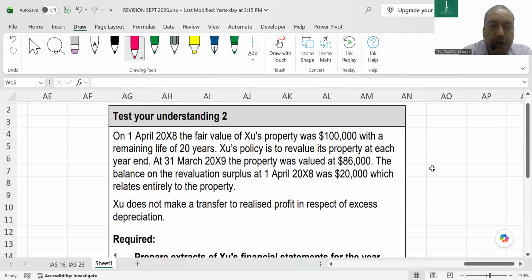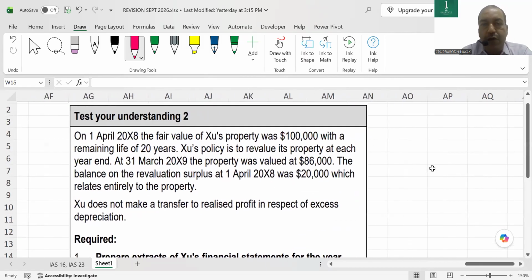Let us take test your understanding 2, which is from Kaplan. On 1st April 20x8, the fair value of Zoos property was $100,000 with a remaining life of 20 years. Zoos policy is to revalue its property at the end of each year. On 31st March 20x9, the property was valued at $86,000. The balance on the revaluation surplus on 1st April 20x8 was $20,000, which relates entirely to the property.